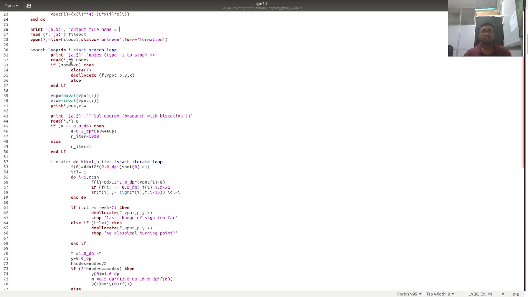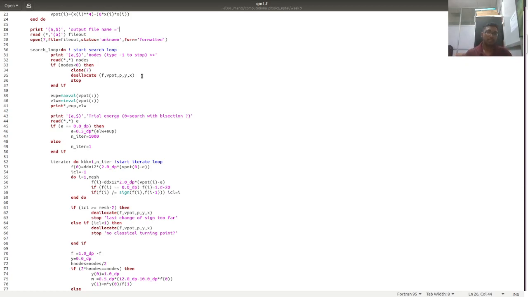Since we are calculating the ground state, in this step I am going to state that the number of nodes will be 0. If node is less than 0, then we don't have anything to print or store in the output file, because the number of nodes cannot be less than 0.